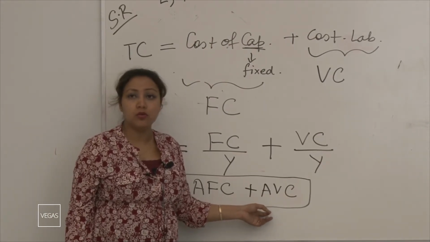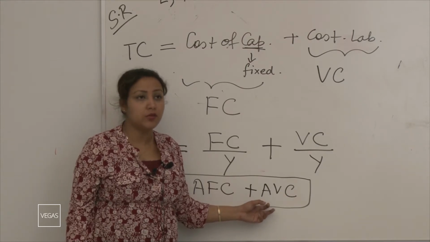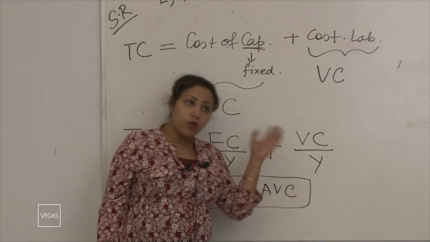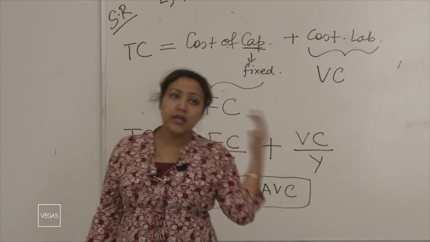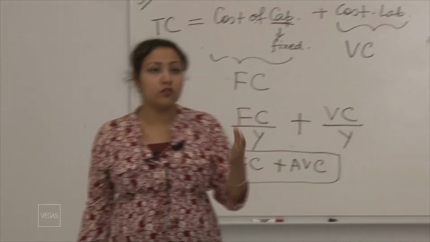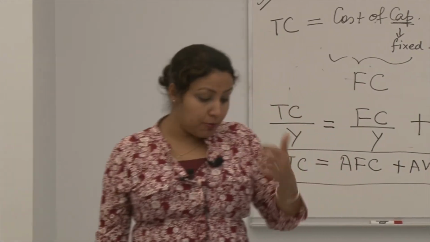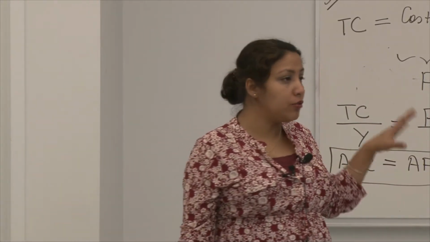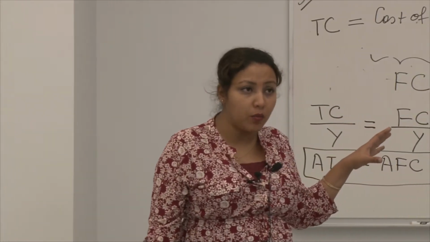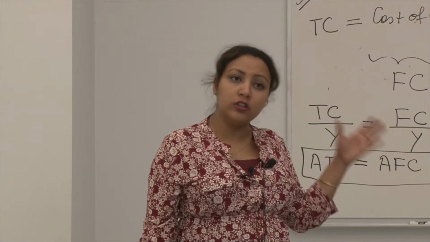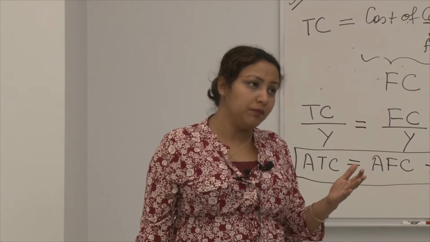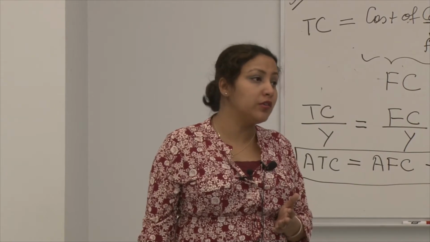Okay? Do you want me to repeat that part? Do you understand what I am saying? So, I am saying that over time, as Y increases, the variable cost also increases. So, if I have to find out what happens to average variable cost, then I have to look at that fraction VC divided by Y. Now, in that fraction, the denominator is increasing over time, and that numerator is also increasing over time.